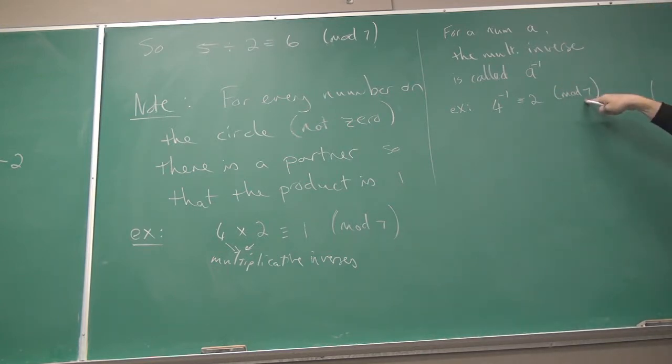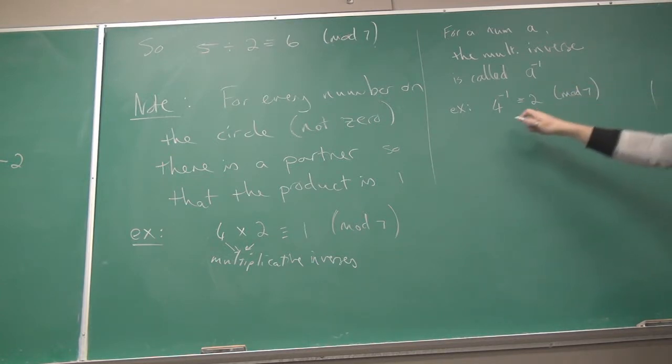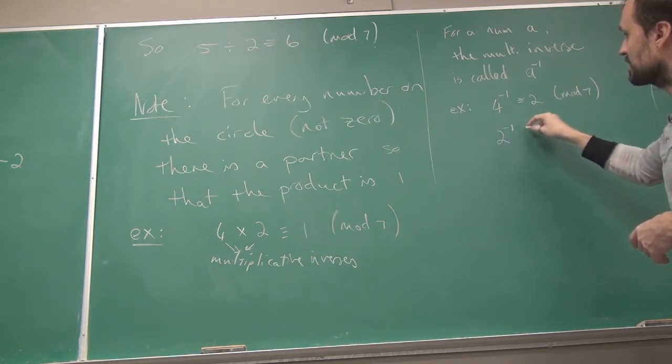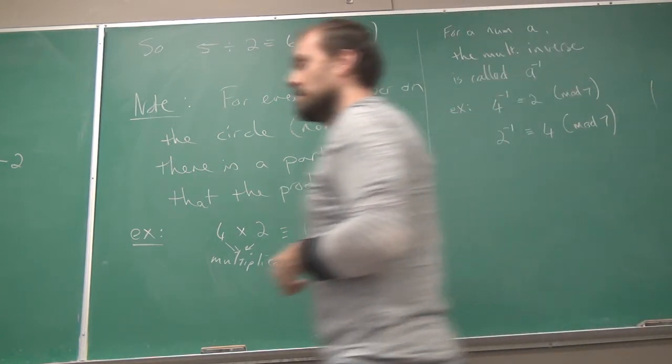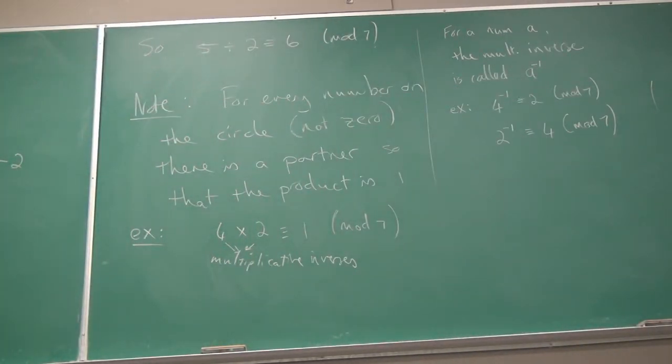I have to then say what I'm working with, because with a different size circle the answer would be different. I can also say the multiplicative inverse of 2 is 4 mod 7. And so every other number, not 0, will have this friend, this multiplicative inverse.